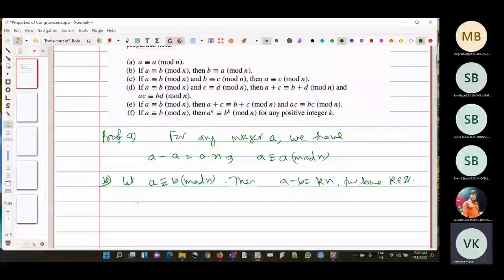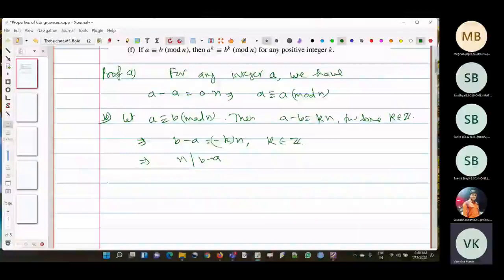Then we can write B minus A equals minus k times n for some k belongs to Z. And this implies that n also divides B minus A. Okay. And this means that B is congruent to A modulo n.